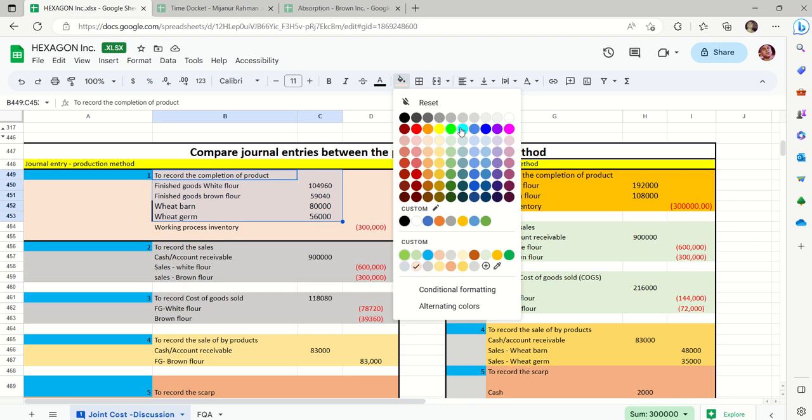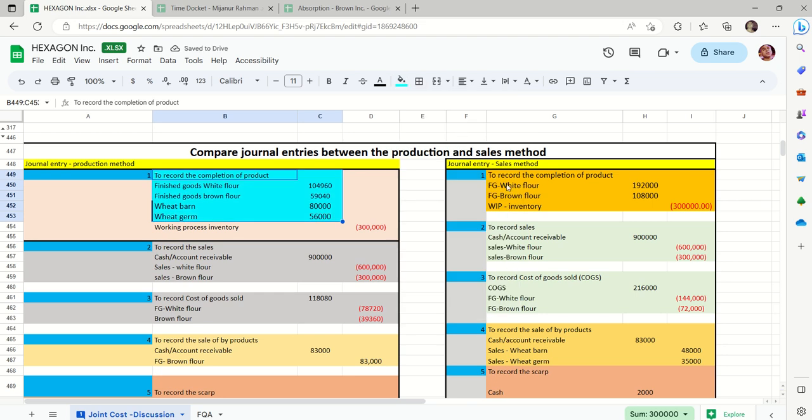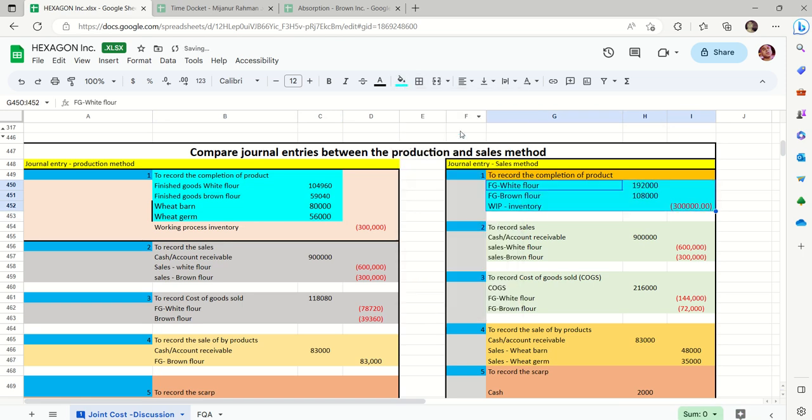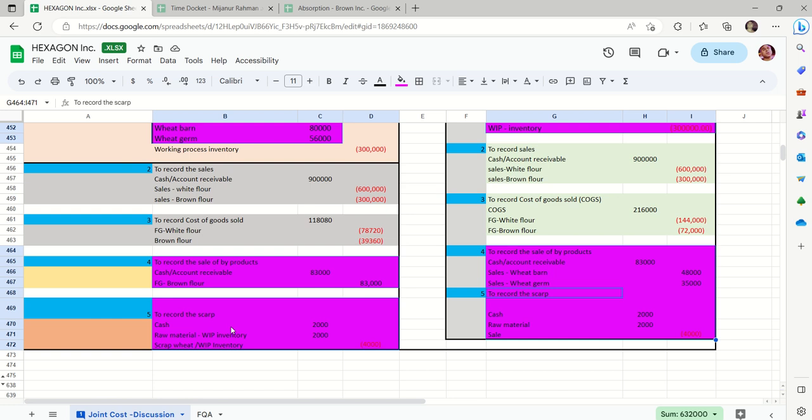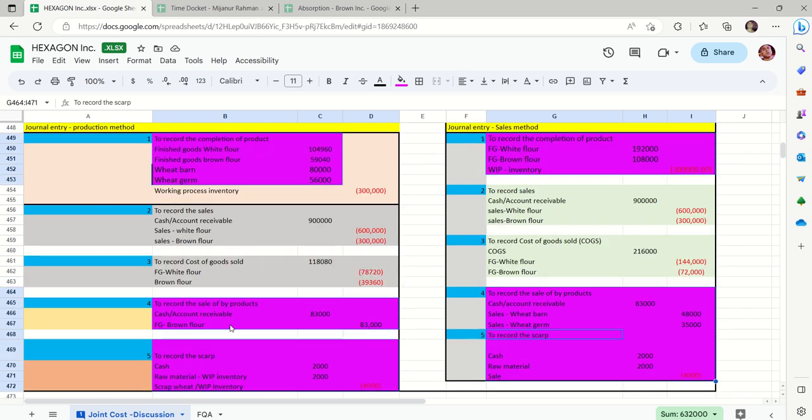I'm going to show that to you in Keon right there. So to record the completion of the product, to record the byproducts, and to record the scrap, these are the three main differences between the sales method and the production method.